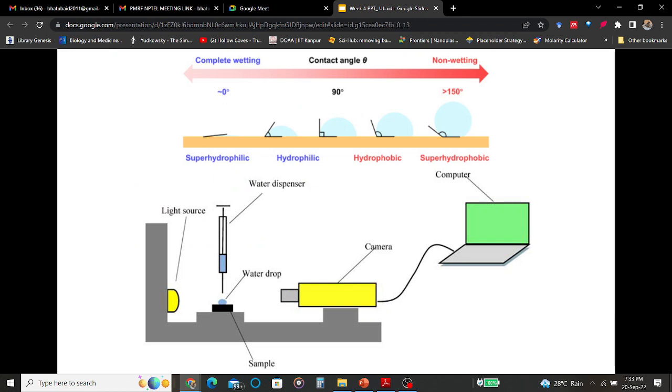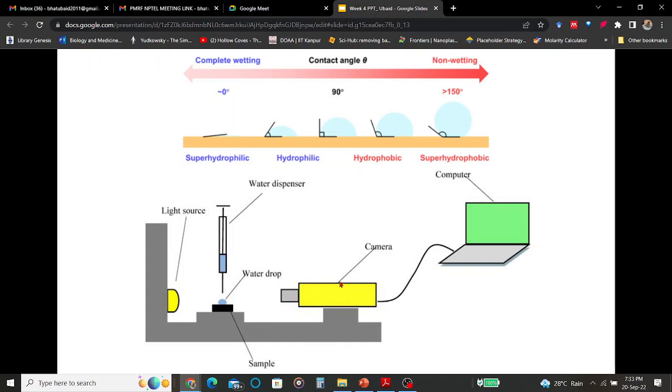Now, talking about the instrument. It is a very simple instrument where there is a light source, and in front of the light source there is a water dispenser, and the sample is placed on the stage. After this water dispenser places a drop of water on the sample, there is a camera which captures the image.